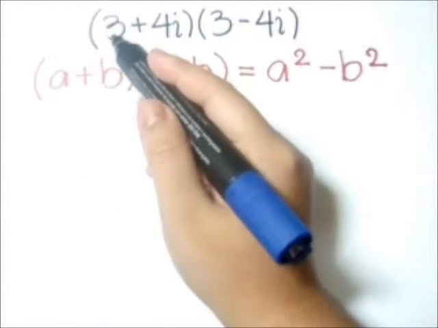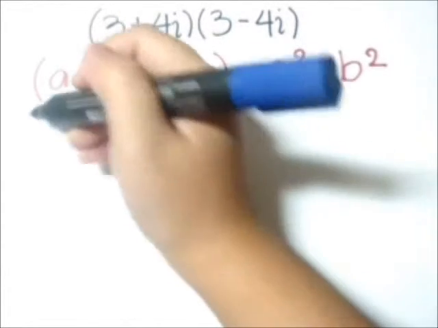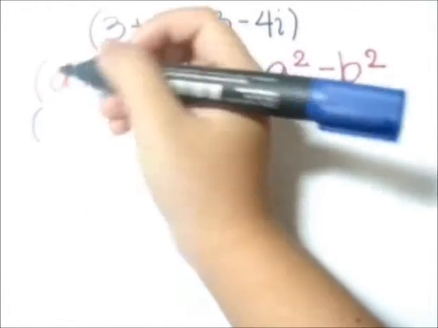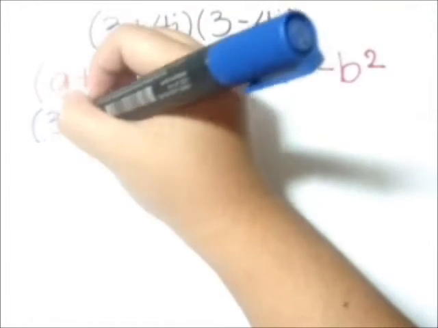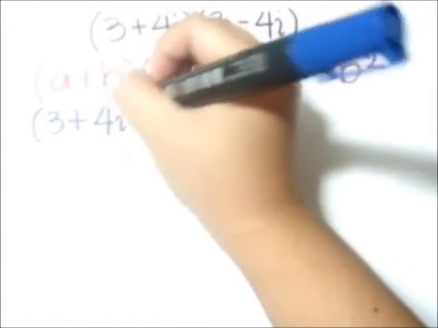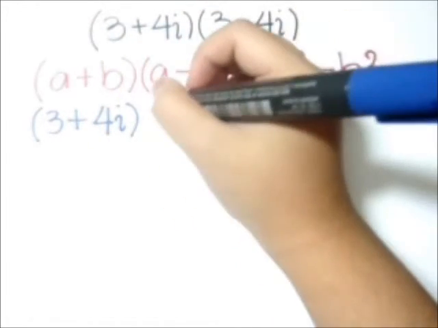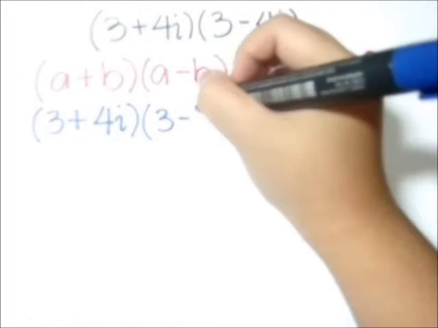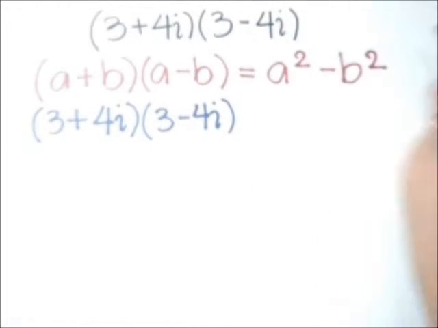Therefore, we can substitute a as 3 and b as 4i. So we write this as (3 + 4i)(3 - 4i).